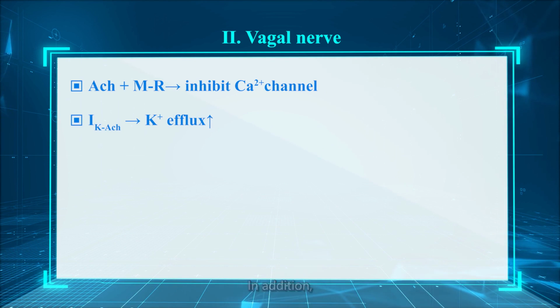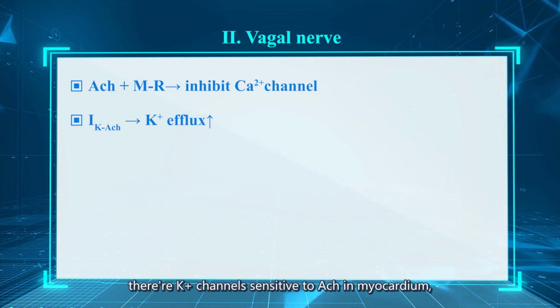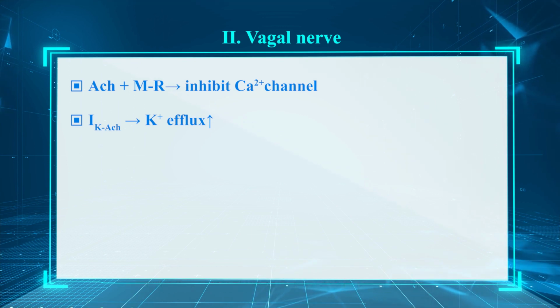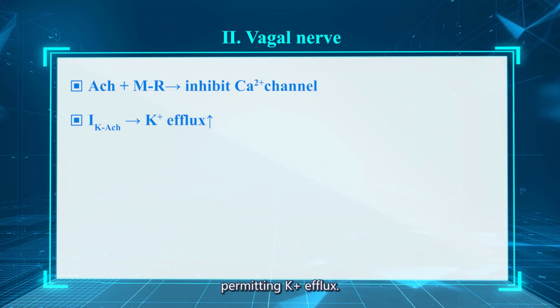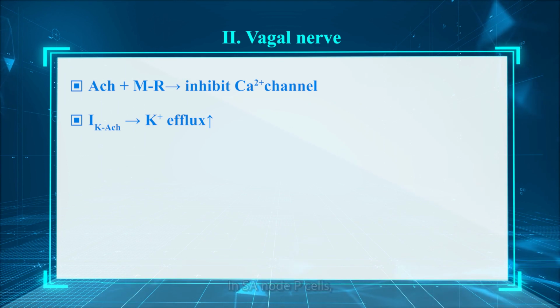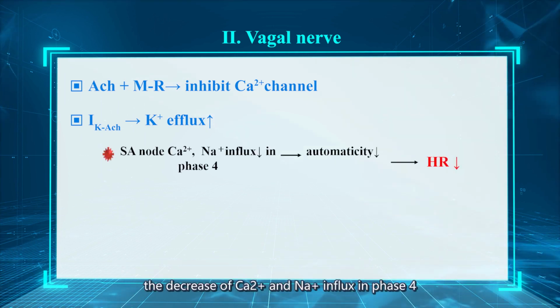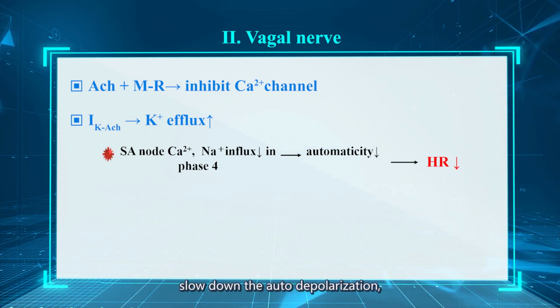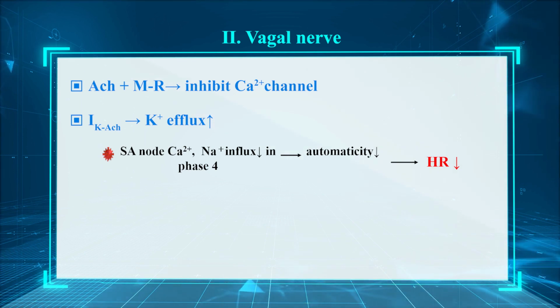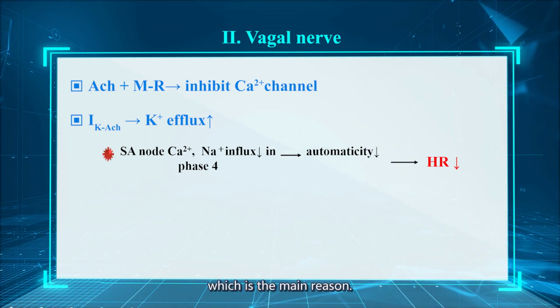In addition, there are potassium channels sensitive to acetylcholine in the myocardium, permitting potassium efflux. In SA node P cells, the decrease of calcium and sodium influx in phase 4 slows down the spontaneous depolarization, which is the main reason.